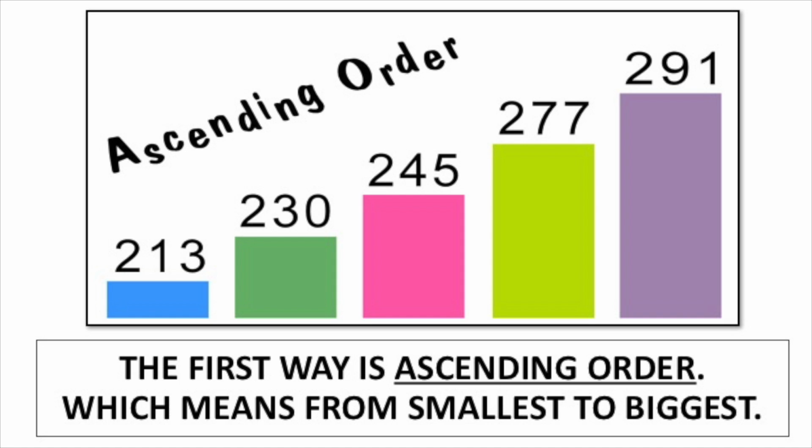You can see that all of the numbers, we start with the smallest number, 213, and then what's the next number? 230. Yes, so we go from the smallest to the next smallest.